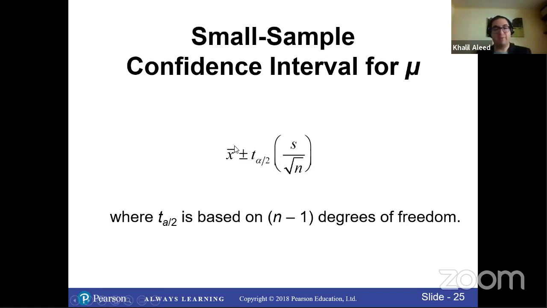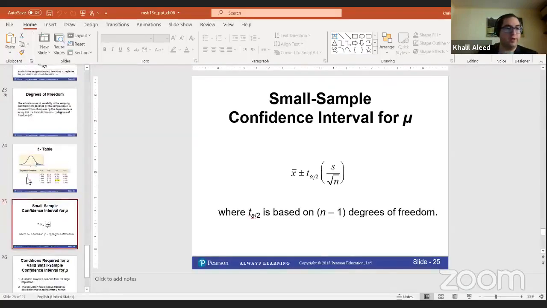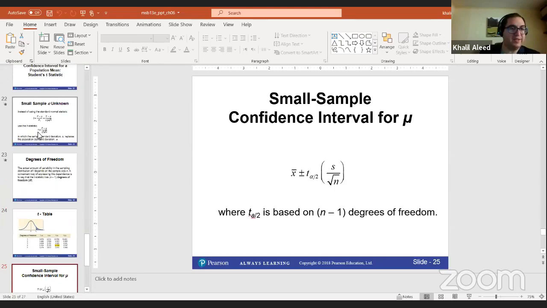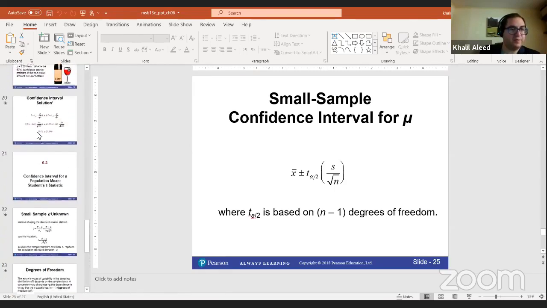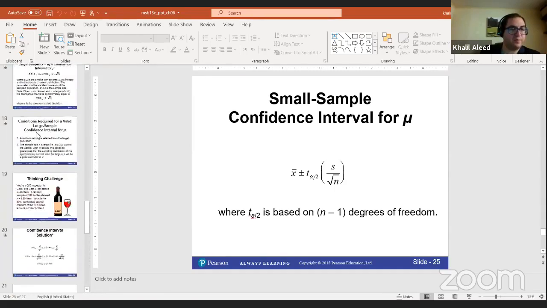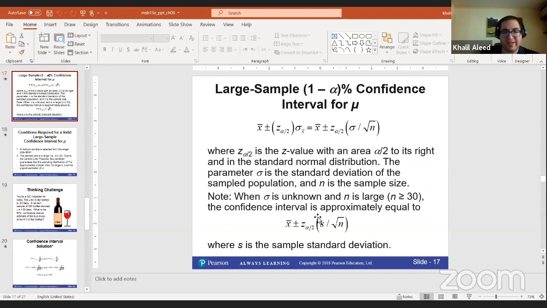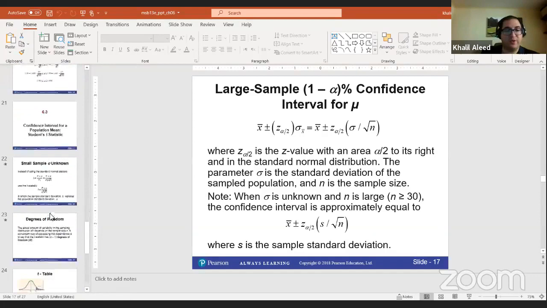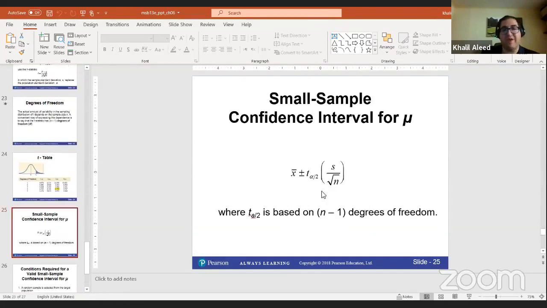Exactly the same formula as Z. We're just replacing Z with T because we have a smaller sample size.